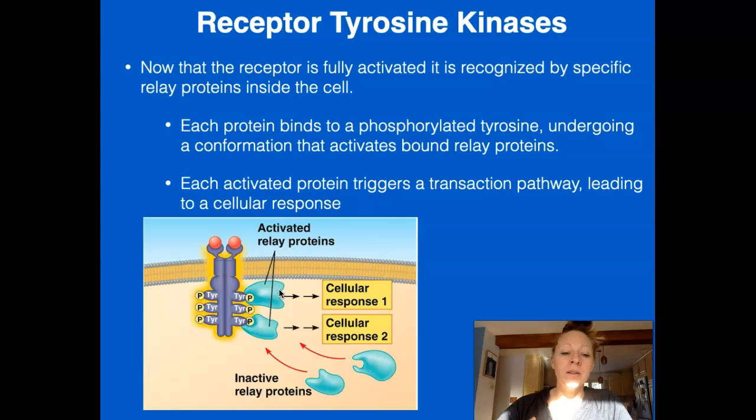Only when the phosphates are fully loaded, those relay proteins are all of a sudden going to recognize it and be able to attach. Then it's going to change their conformation, and that's going to create a transduction pathway that's going to send a response to other proteins or other molecules, which is eventually going to lead to a cellular response.